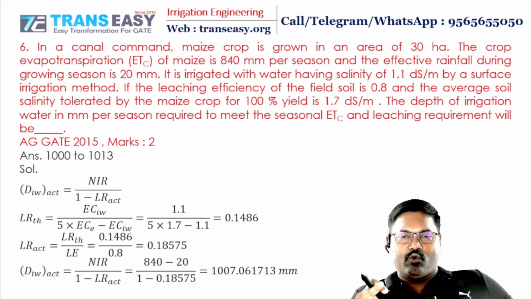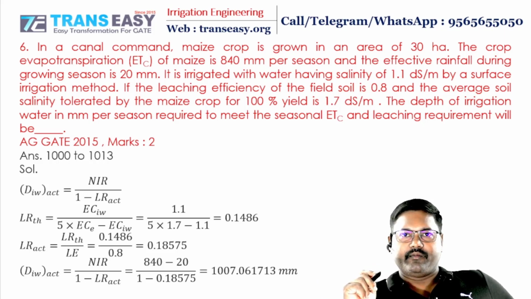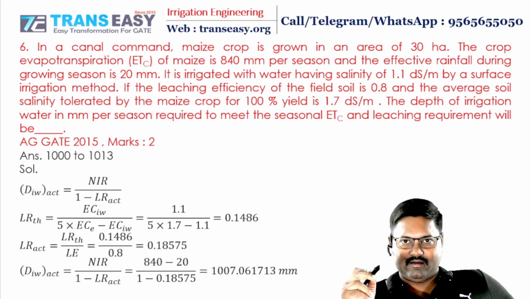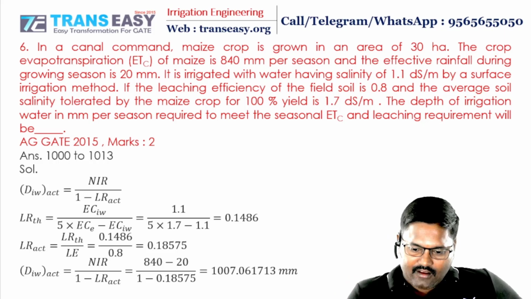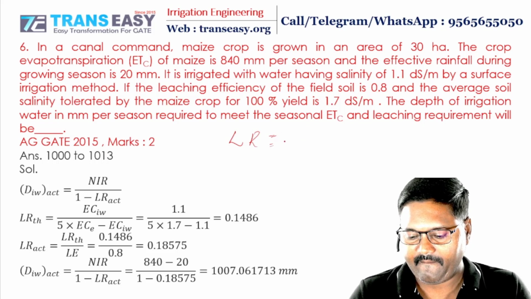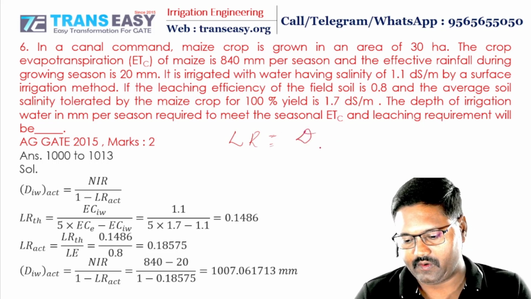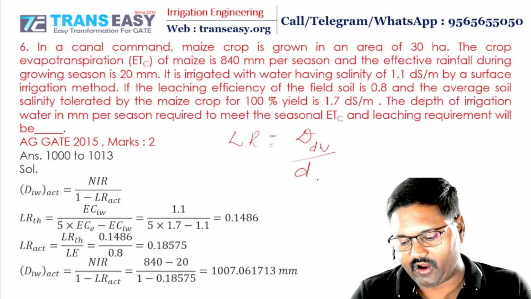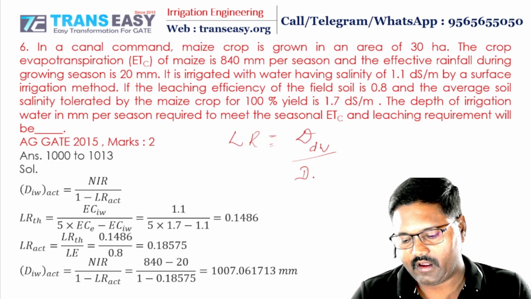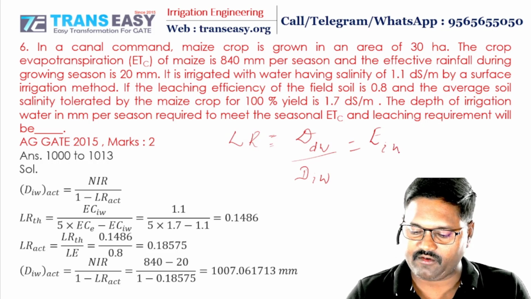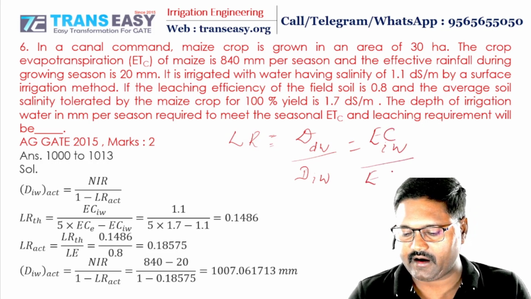So we will use Rhoades' first formula in order to find electrical conductivity of drainage water, right? Leaching requirement is equal to depth of drainage water upon depth of irrigation water, which is electrical conductivity of irrigation water upon electrical conductivity of drainage water.